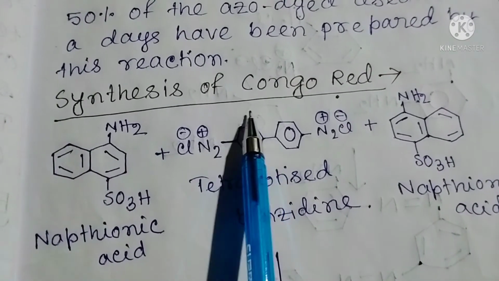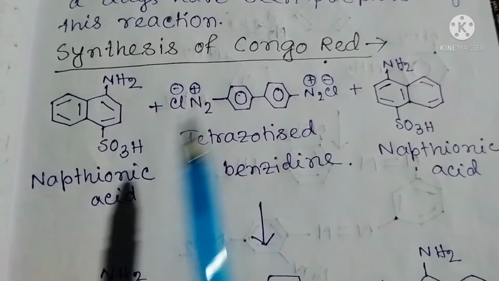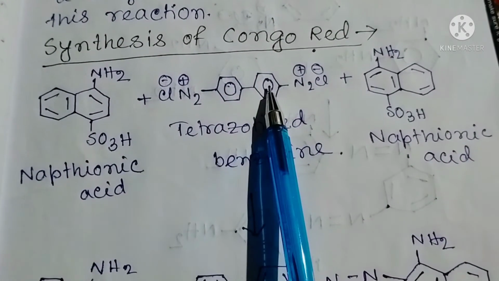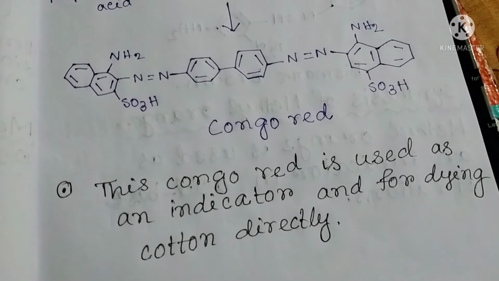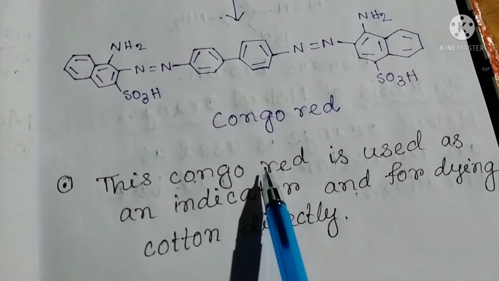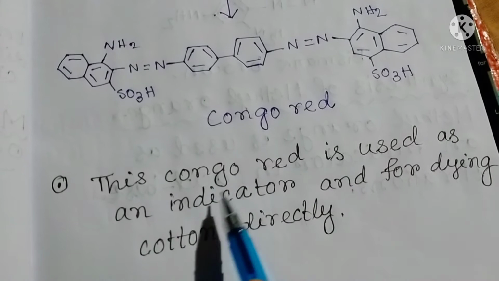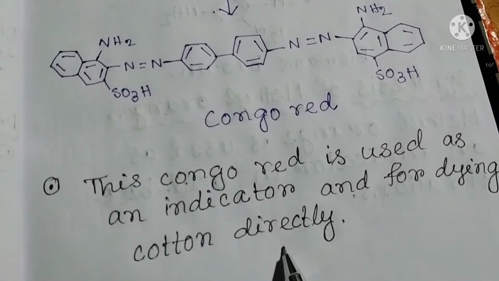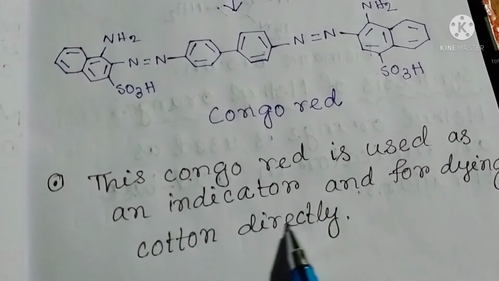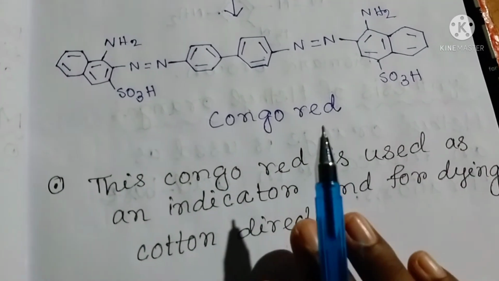So students, at first we should know why we synthesize Congo red. Congo red is used as an indicator and for dyeing cotton directly. So, for this reason, we synthesize Congo red.